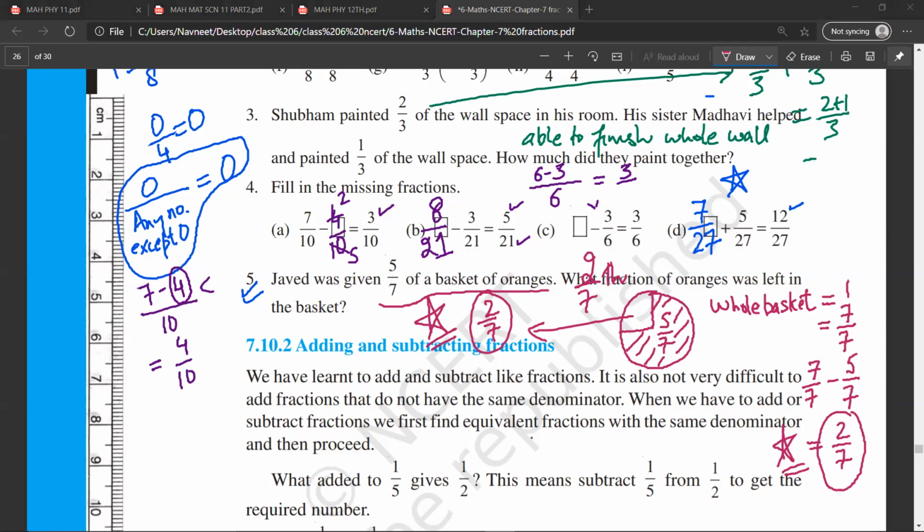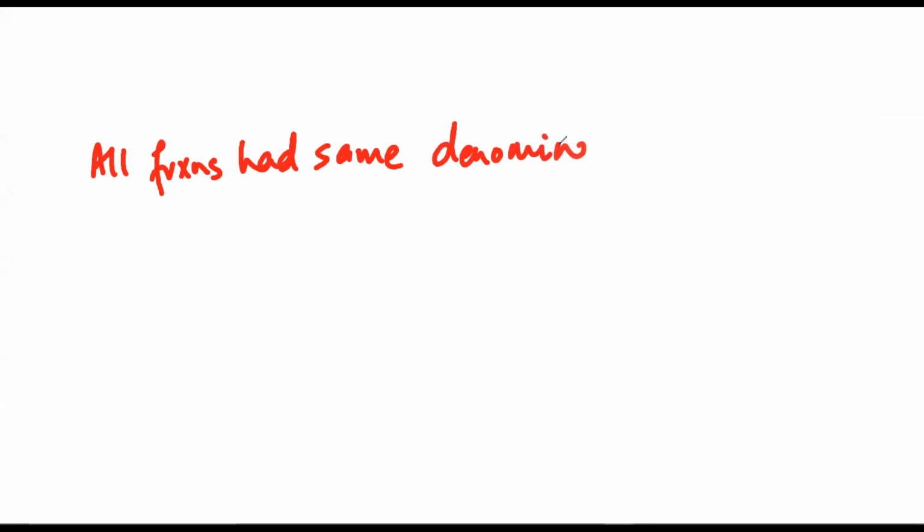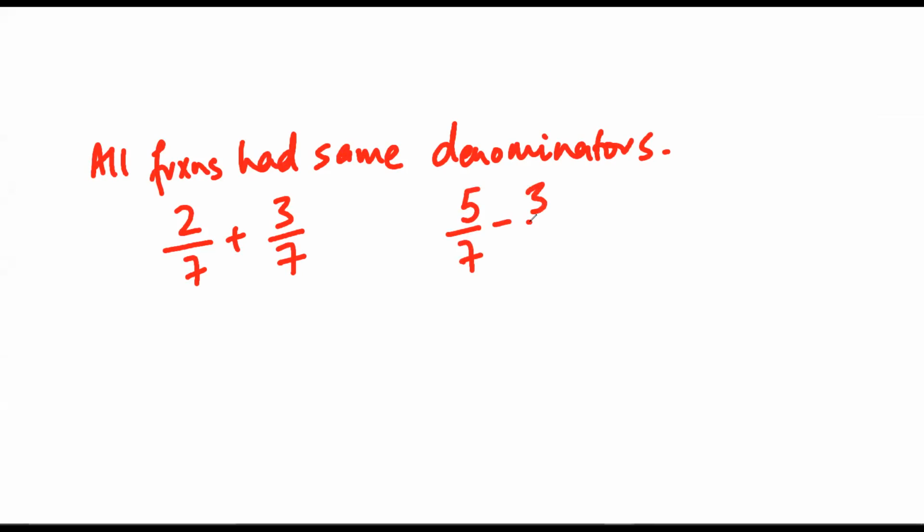See, in all these fractions that we have done, one thing that you need to understand is all fractions had same denominators. For example, I was adding 2 by 7 and 3 by 7, or I was subtracting 5 by 7 minus 3 by 7.